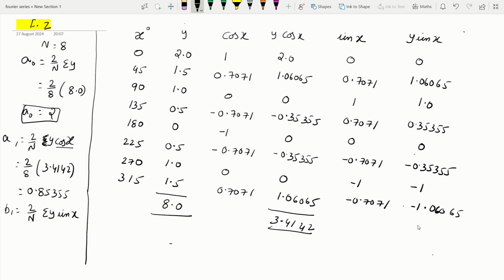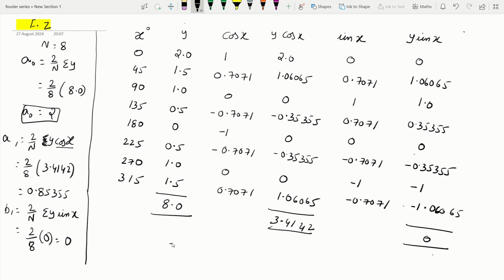If I add everything, we get 0. Then let me complete the b1 value: 2 by 8, n value 8, summation y sin x is 0. So b1 I got is 0.